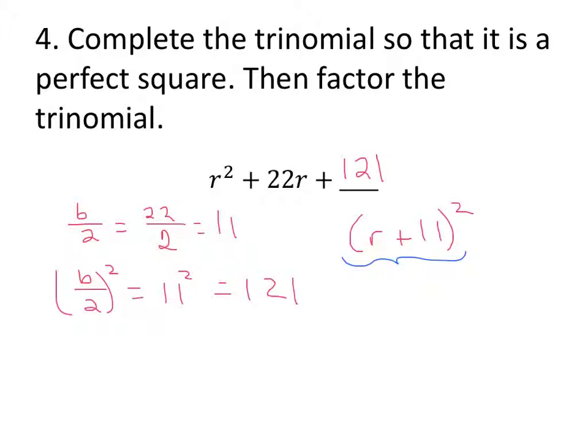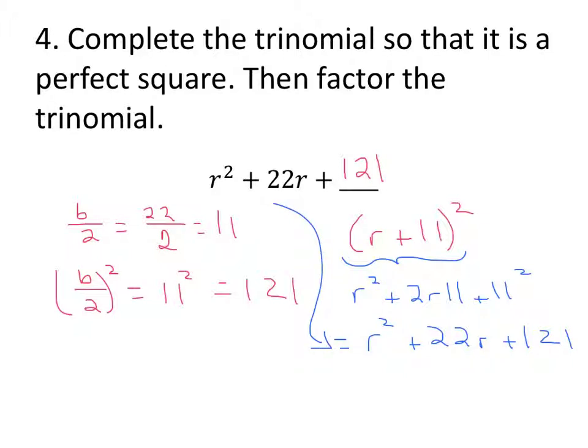You can either use FOIL for this, or you can use that r plus 11, all of that squared, is r squared plus 2 times r times 11 plus 11 squared. So that's what we are going to use right now. So that equals r squared plus 22r plus 121, which is what we want it to be, and so it checks. So our answers are right here.